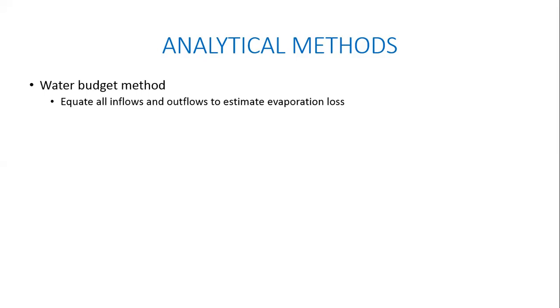Those are all the inflows. And then you measure all the outflows. Evaporation, of course, is the most obvious one. You may also have some streams that drain the lake. You may also have groundwater exiting from the lake into the aquifer. If you're able to estimate all those, then if you write the equation for the water budget for that entire lake, the one term that is left is the evaporation. So you're able to estimate what the evaporation loss is if you are able to estimate all the others.